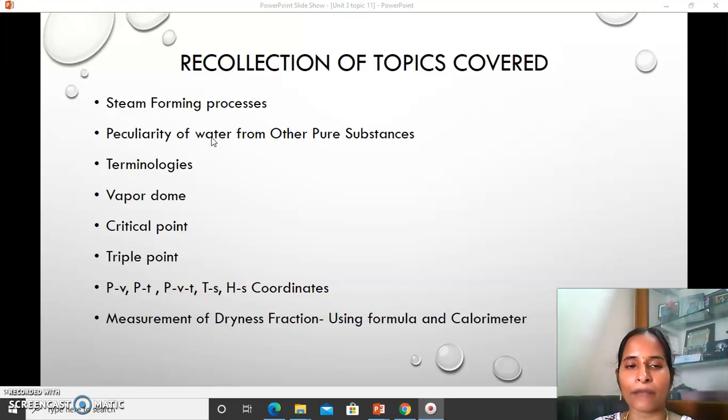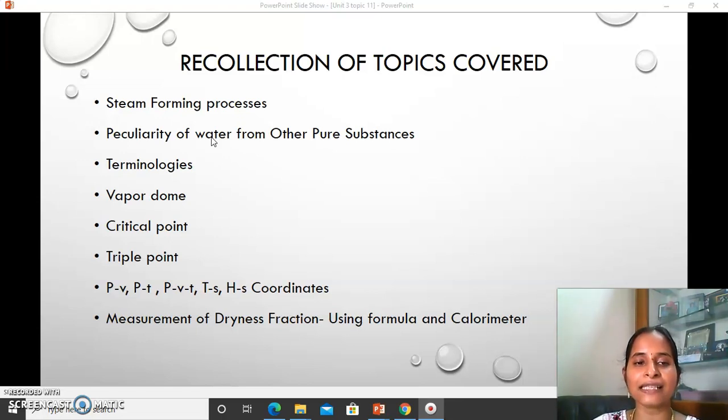And after drawing the PV coordinate for various pressures, we have drawn the PV coordinate, PT coordinate, and PVT surface coordinate. These plots were used to get so many terminologies, like what is the triple point, what is the critical point, how we got the vapor dome, and what are the various regimes present.